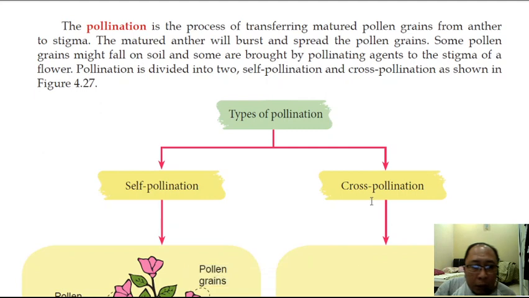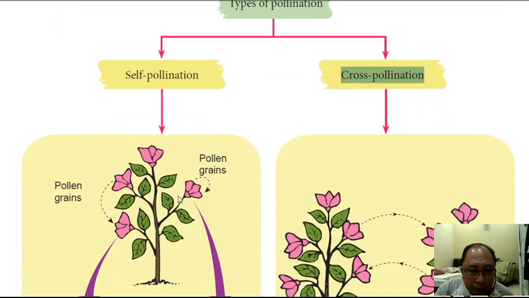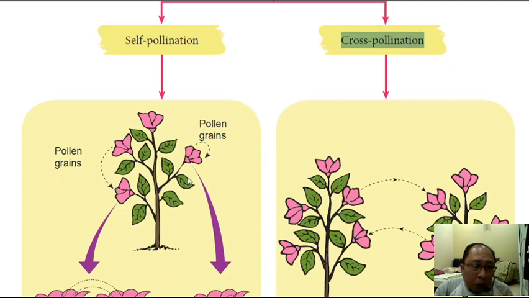So we go back to the types of pollination. As you know, pollination is a transfer of pollen grain from the anther onto the surface of the stigma. So pollination is divided into two, self-pollination and cross-pollination. So what is the meaning of self-pollination? Self-pollination means in one plant, the pollen grain is transferred onto the stigma of a flower in the same plant, whether it is in the same flower or another flower but in the same plant.